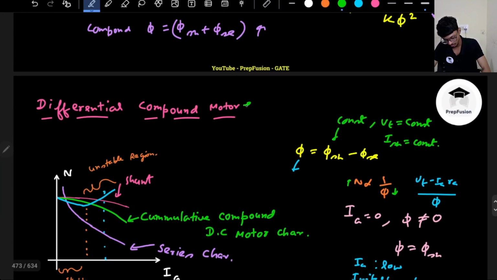Okay, so for low value of Ia, phi SH is dominating. Phi SH will be very high compared to phi series, or basically shunt flux is dominating over the series one.